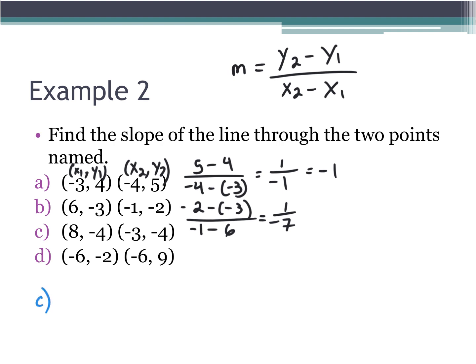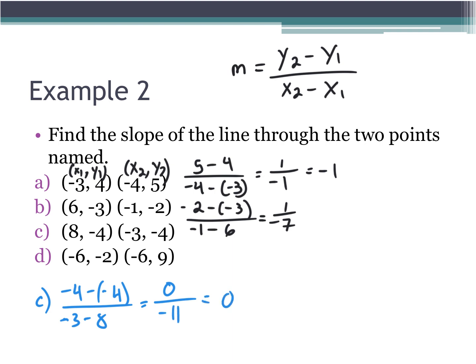We have now for C, -4 minus -4 over 3 minus 8. So -4 minus -4 is 0 over, then 3 minus 8 is -11.